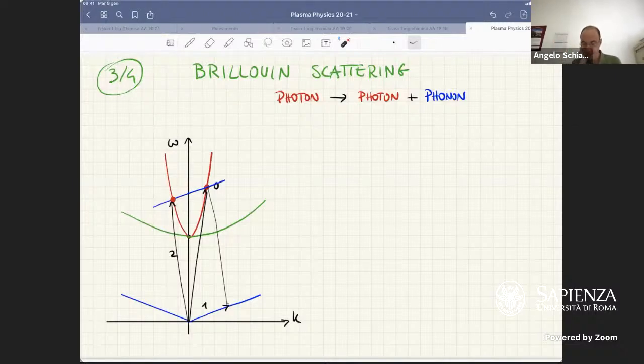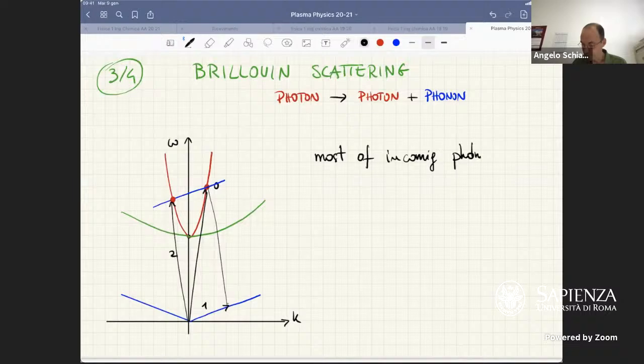Okay, and so let's see, most of the incoming photon energy is reflected back.